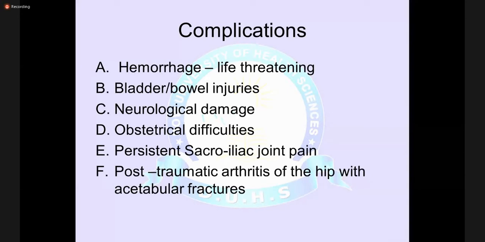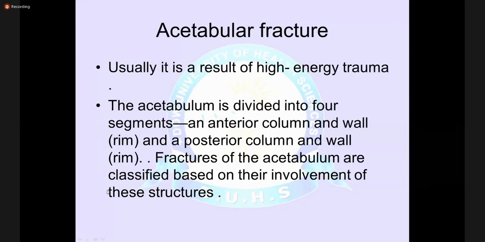And neurology: as in the sacrum the nerves are passing through, if they are damaged, it will cause neurological insult to the patient, and obstetrical difficulties in the near future if the patient is female. Persistent sacroiliac joint pain and post-traumatic arthritis of the hip if acetabular fractures are there.